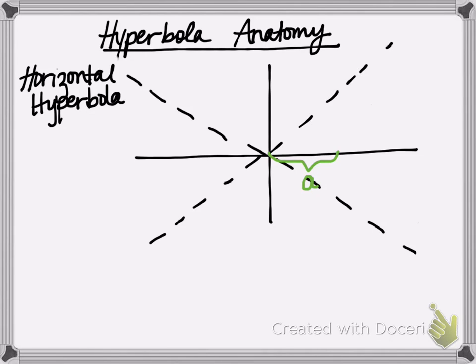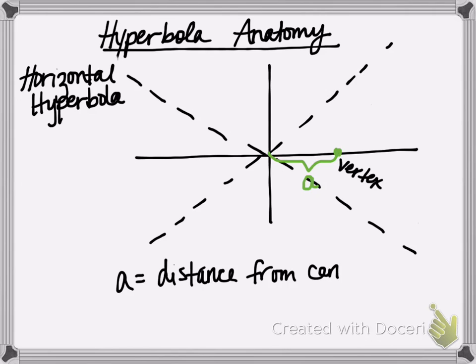That's going to get us to a point which we'll label as the vertex. Just like in ellipses, where A was the distance from the center to the vertex, it's the same in a hyperbola. So A will always be your distance from center to vertex.